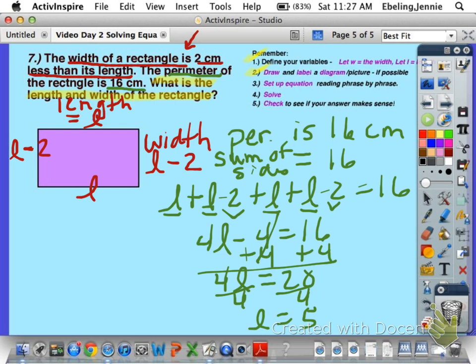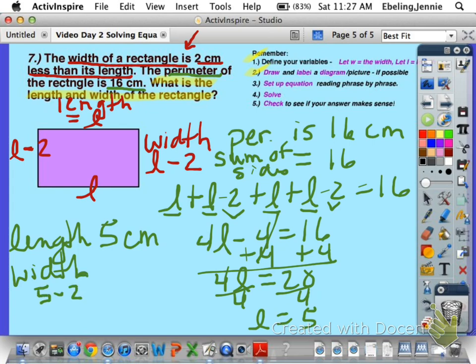Okay, so I'm thinking that my length is 5 centimeters we're using here. Therefore, my width is going to be 5 minus 2, which would be 3 centimeters. Now let me see, does this make sense?